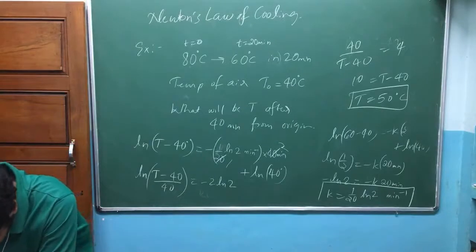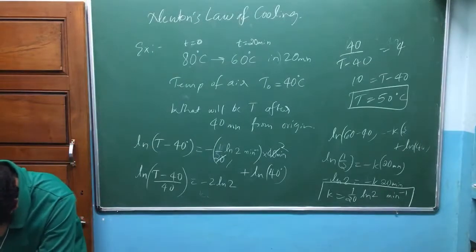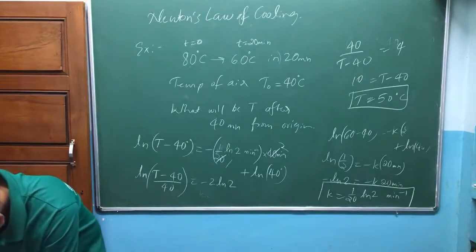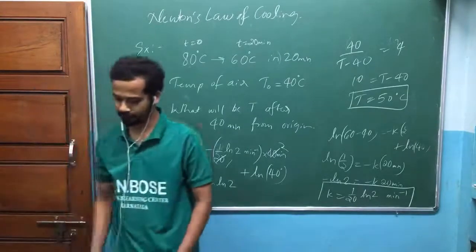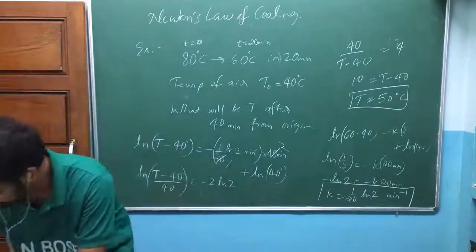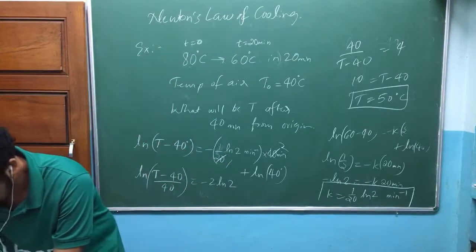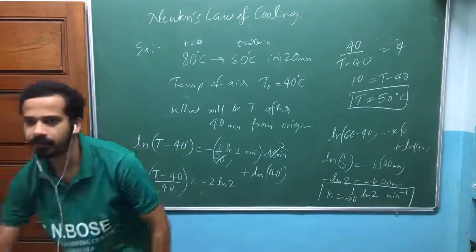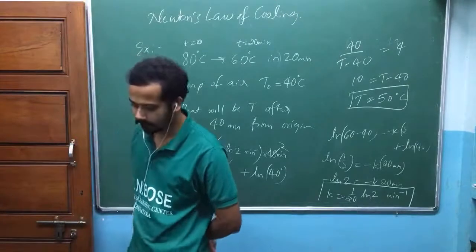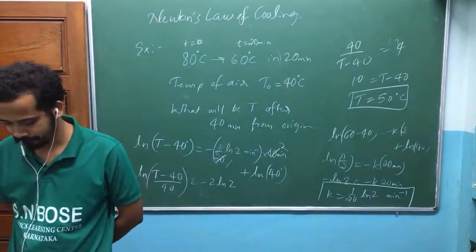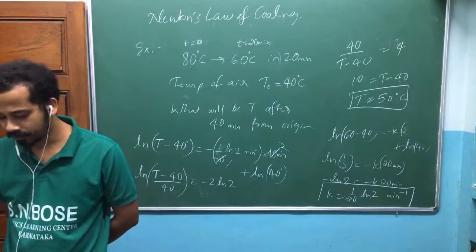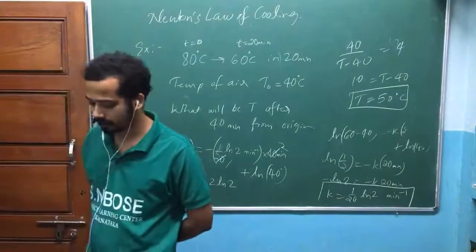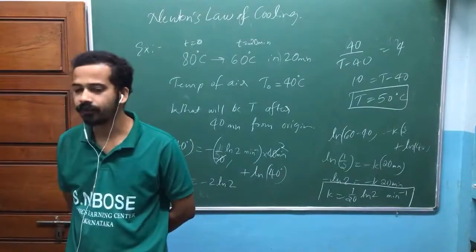If the temperature of the air is 30 degrees Celsius and the substance cools from 100 degrees Celsius to 70 degrees Celsius in 15 minutes.